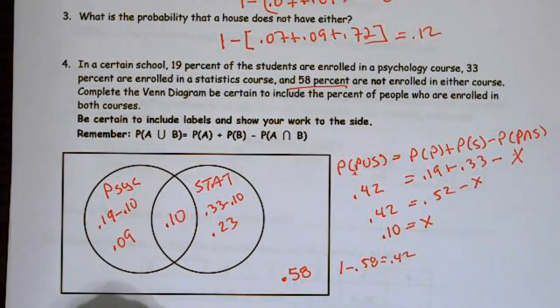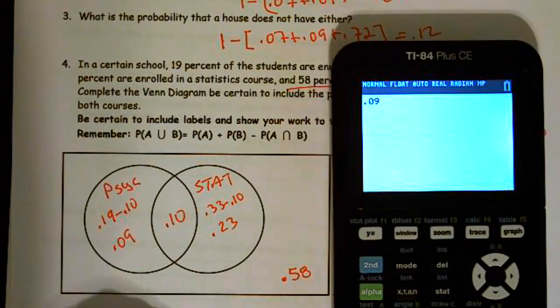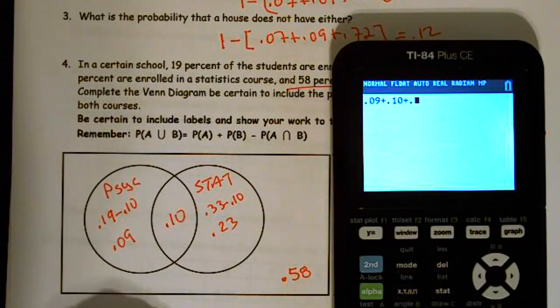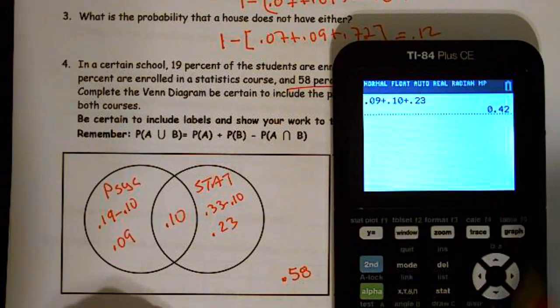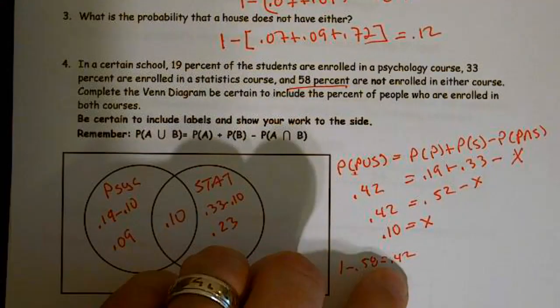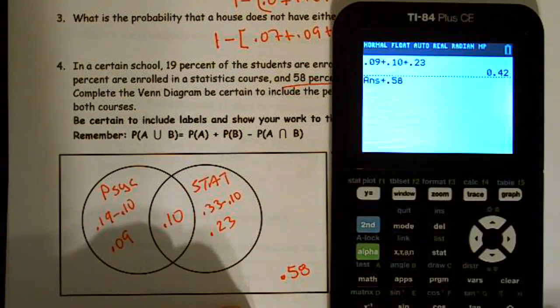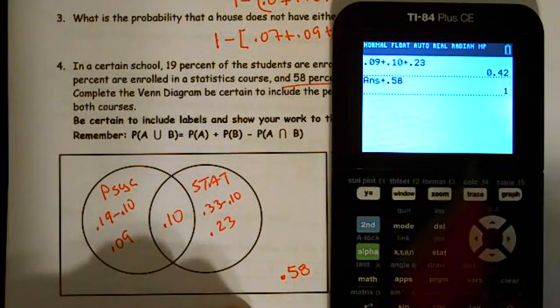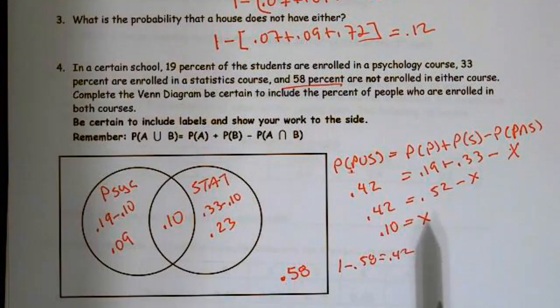So let's check this out real quickly. First off, adding the three regions together gives the area in the circles. And then if I add that to the area outside, I end up getting one whole, and that makes sense because this whole thing needs to add up to be a valid probability distribution.